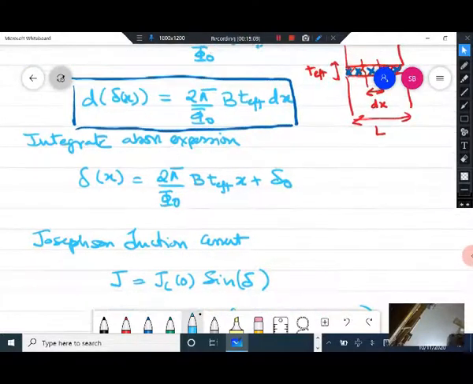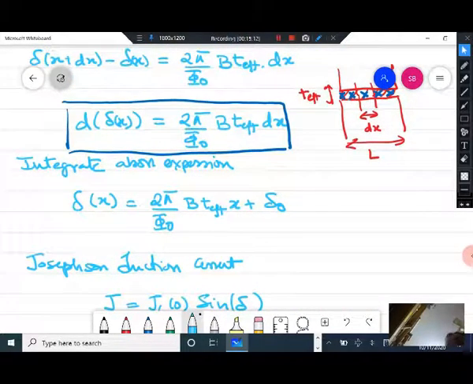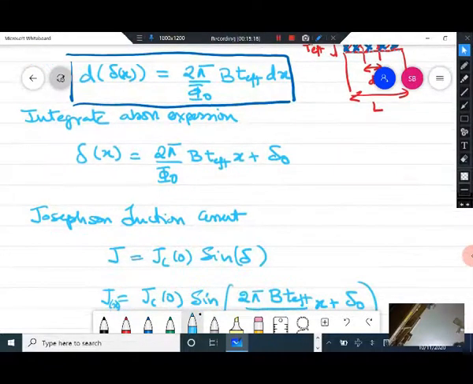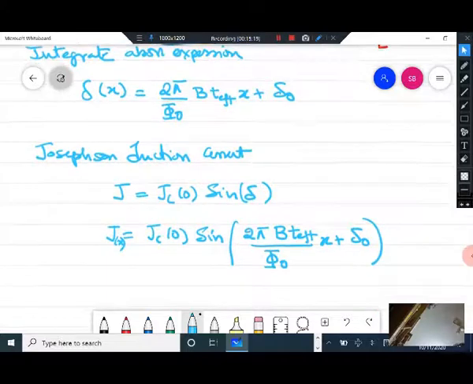As you move along the junction at every point x, the current is going to vary. There is going to be variation of the current as you move along the junction.